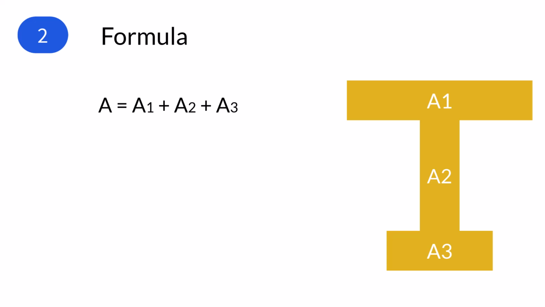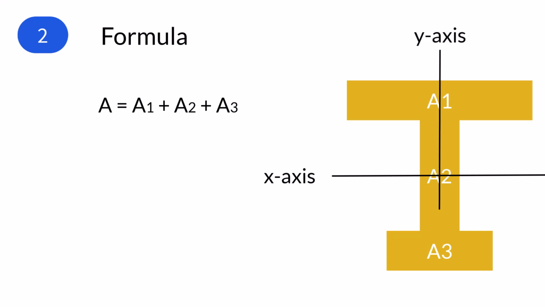Now let us take a reference axis about which moment of each area will be taken. Normally, if we are finding the centroid about the x-axis, we take the bottommost axis as the reference axis. And if we are finding the centroid about the y-axis, we take the leftmost axis as the reference axis.